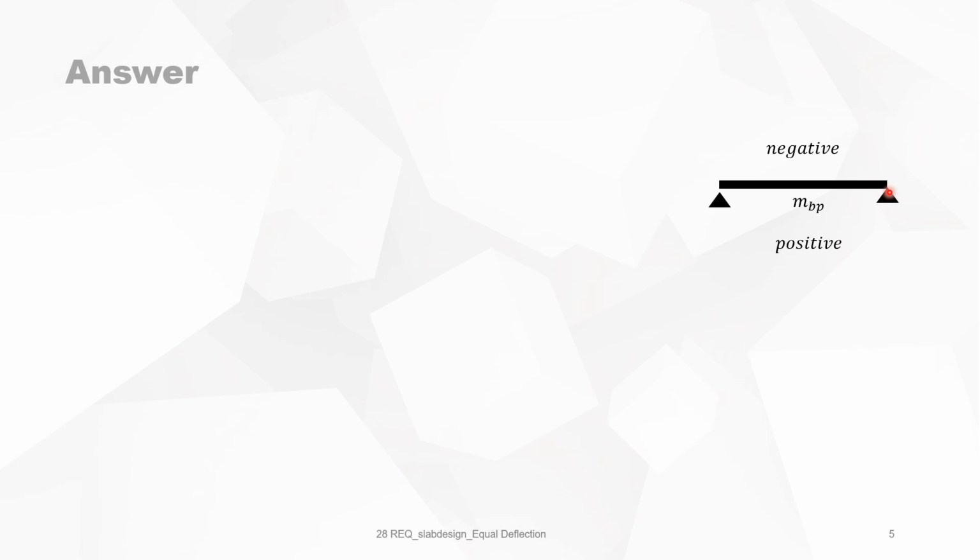So we look now at the slab in the direction of B. We call a bending moment positive when the bottom fiber is in tension. So all bending moments like this, we call positive, and otherwise we call them negative.